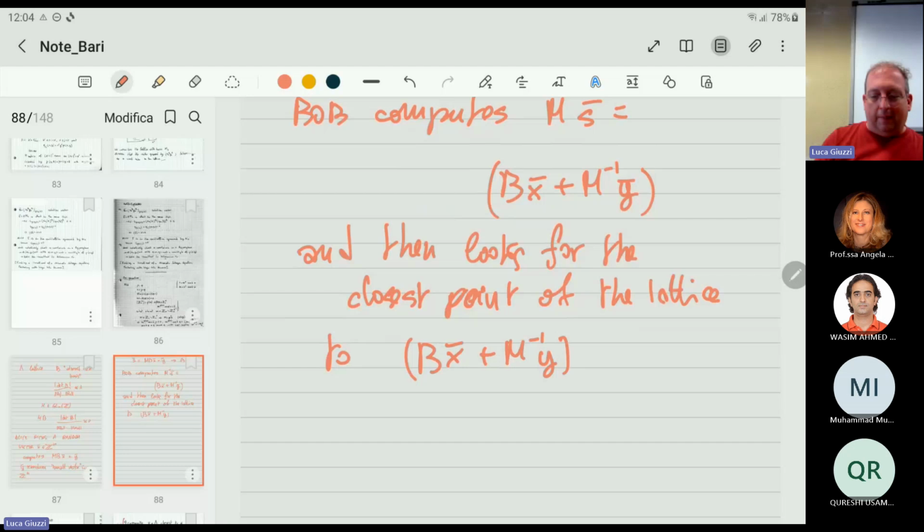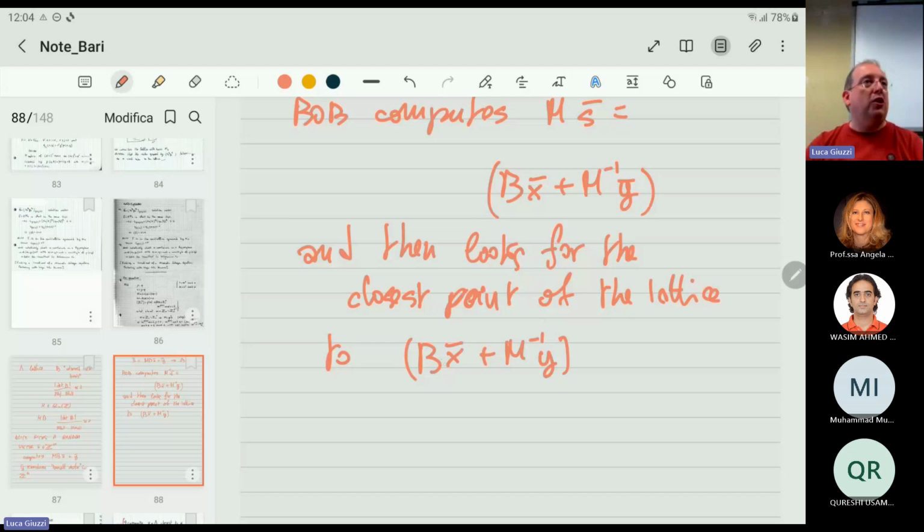And since basically this is an almost orthogonal basis, to determine the closest point of the lattice is quite easy, because all of the components of this vector are as close to independent as possible.